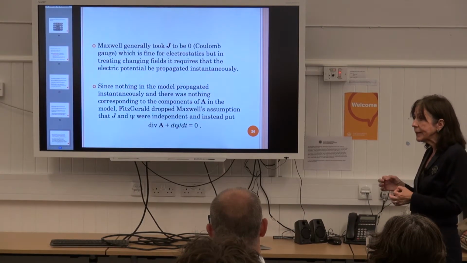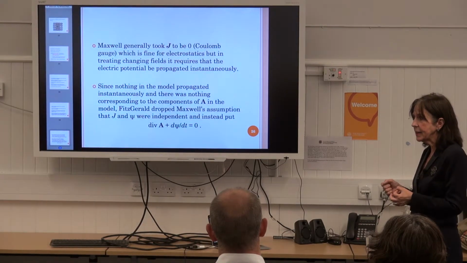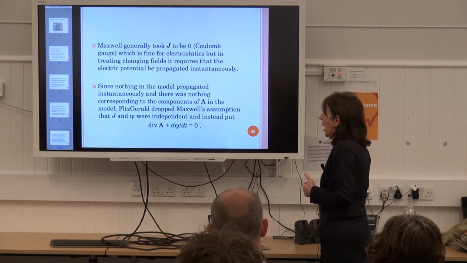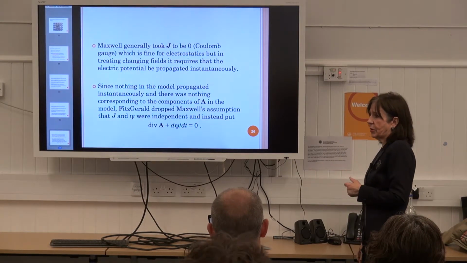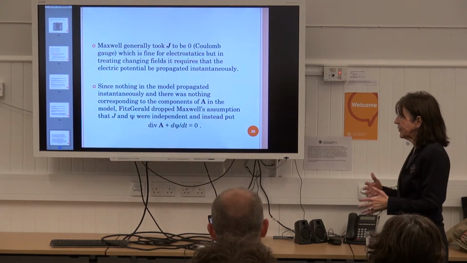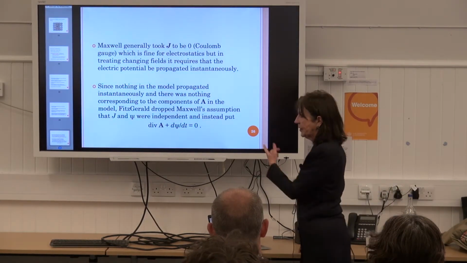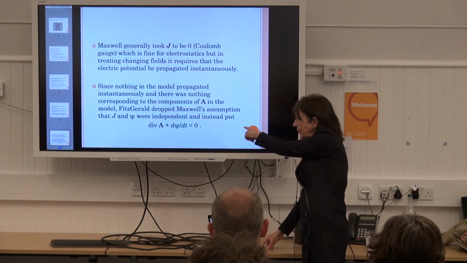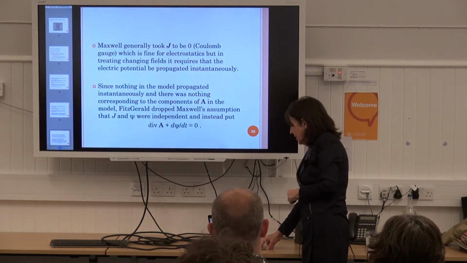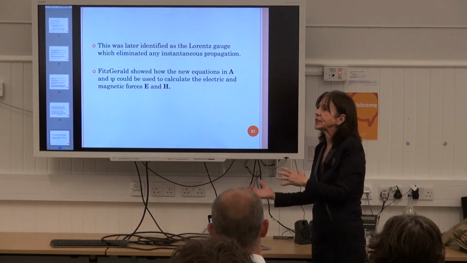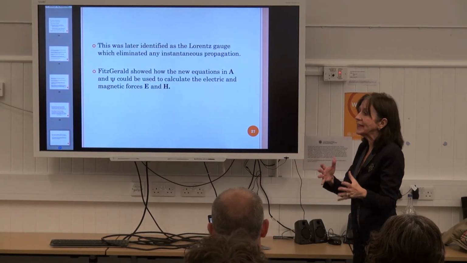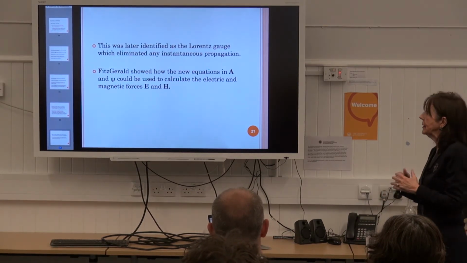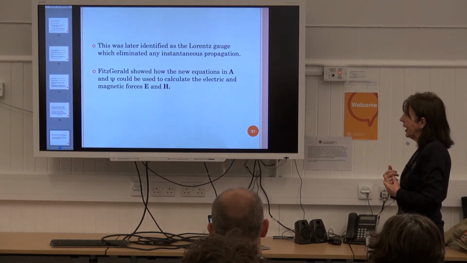There was nothing in the model that propagated instantaneously, so Fitzgerald drops the assumption that J and the electric potential were independent, and instead redefines it in terms of the divergence of the vector potential, and makes d of the vector potential over dt 0. What that amounts to is switching to what's now, in modern terms, the Lorentz gauge. And that completely eliminates instantaneous propagation.